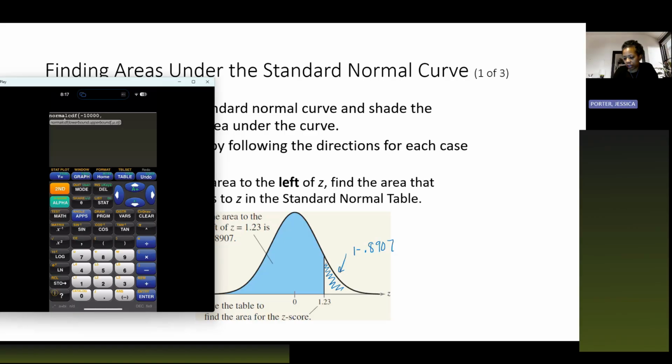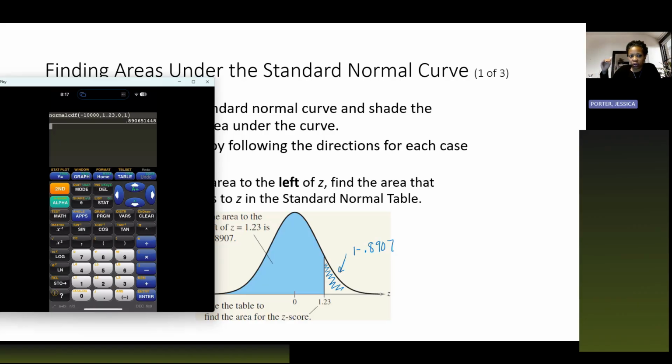And your upper bound is 1.23. Then your mean is 0, your standard deviation is 1, and enter, and you should get 0.8907.